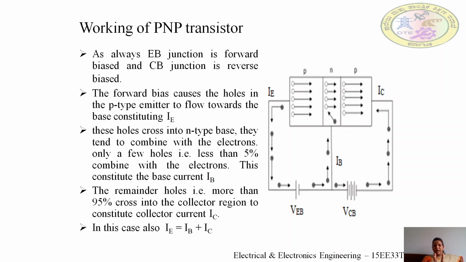As it is very narrow and lightly doped, there are only a few electrons available for the holes to recombine, that is less than 5%, and they flow as the base current, constituting IB. The remaining holes cross over to the collector junction, forming the collector current IC. In this case also, the total current IE is equal to IB plus IC.